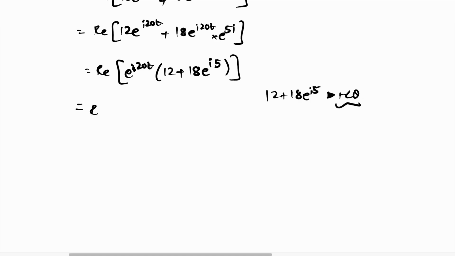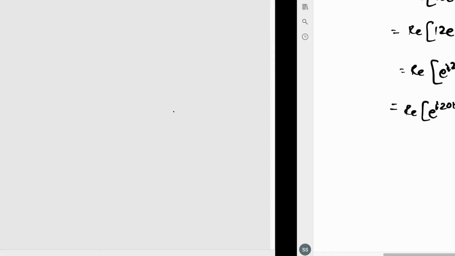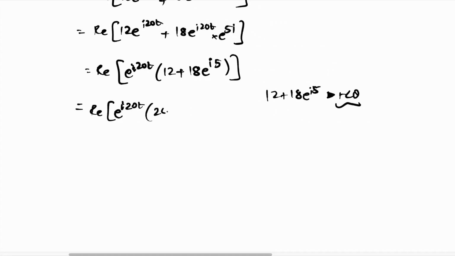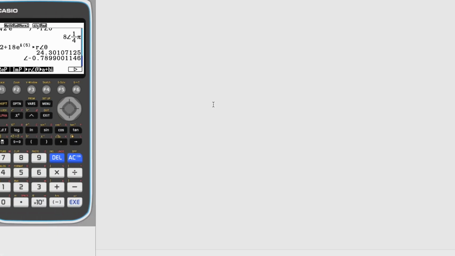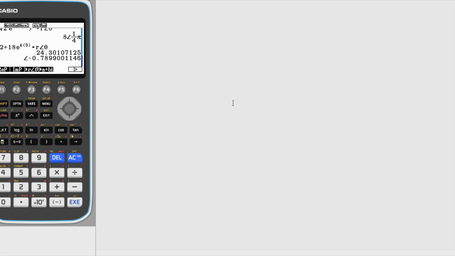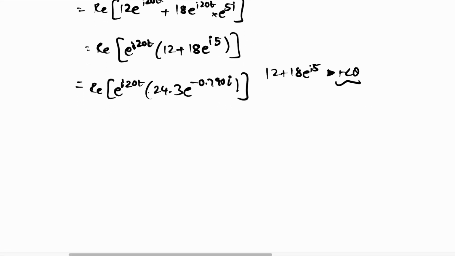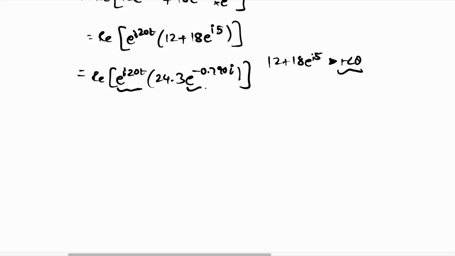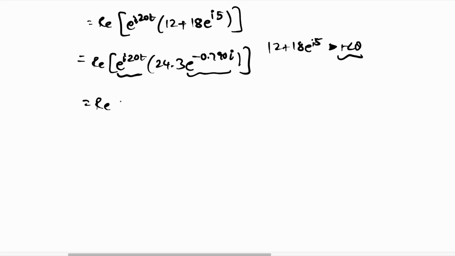So this becomes the real part of e raised to i 20t, and this has 24.3 e raised to minus 0.790 i. Okay. Now I'll multiply e raised to i 20t with this e raised to minus 0.790 i term. So I'll get the real part of 24.3 e raised to i(20t minus 0.790).